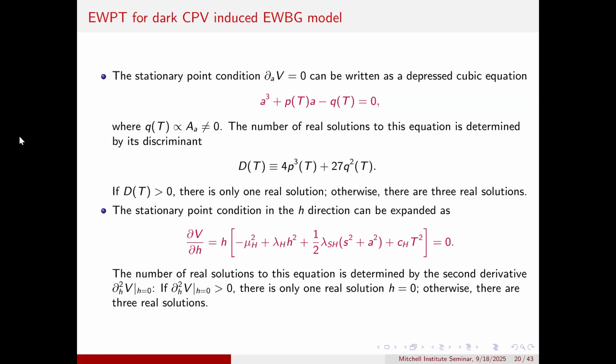And the other direction is the H direction, and we can expand this stationary point condition in the H direction as well. And the number of solutions to this equation is determined by the second derivative. And again, if this is larger than 0, there's only one real solution, H equal to 0, otherwise there are 3 real solutions.